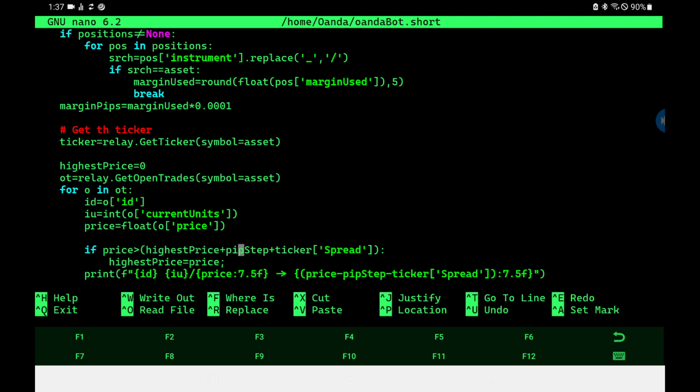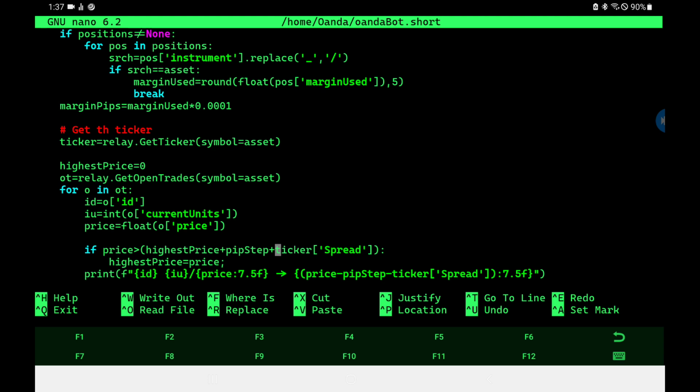So what is pip step? Well, pip step is the 5 pips we want for our profit. We want 5 pips minimum profit, period. But that's not all we're doing here. We're actually taking one step further and taking the spread.